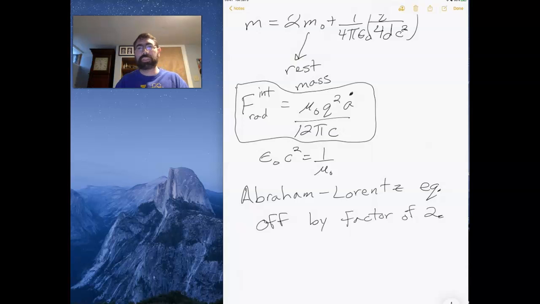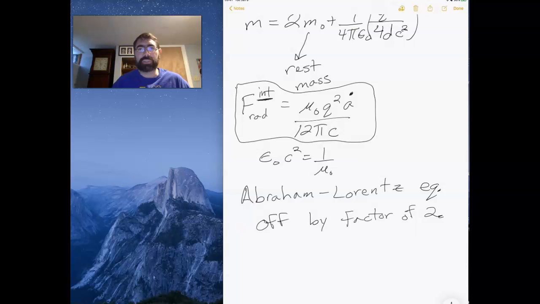Okay, so even in this toy model, where we use dumbbells instead of a sphere, you're only off by this factor of 2. And this is because we've only considered half of the problem of the interaction between Q1 and Q2. And so that's why I put the int label right here on that.